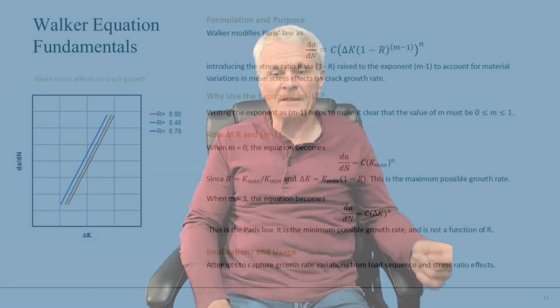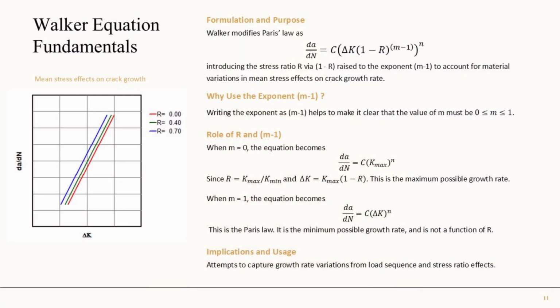Okay, the Walker equation is just a modification to the Paris law, but in this case, what you have is (1 minus R) raised to the power m minus 1. In some books you'll see that exponent as a single variable, like q, or whatever they use.